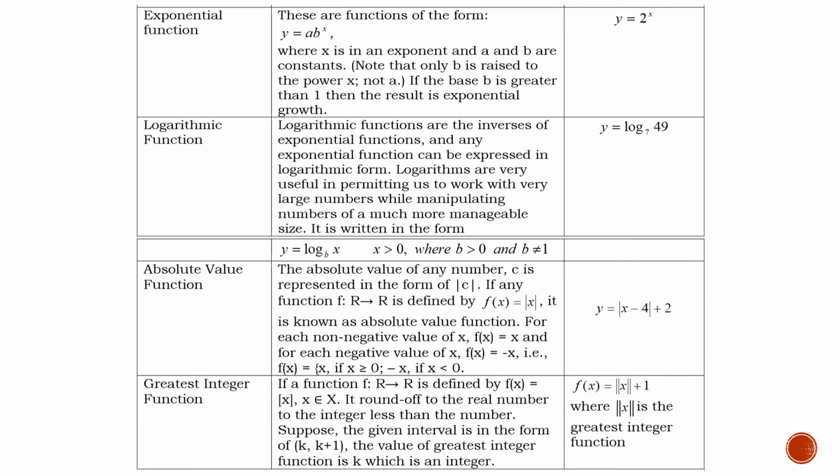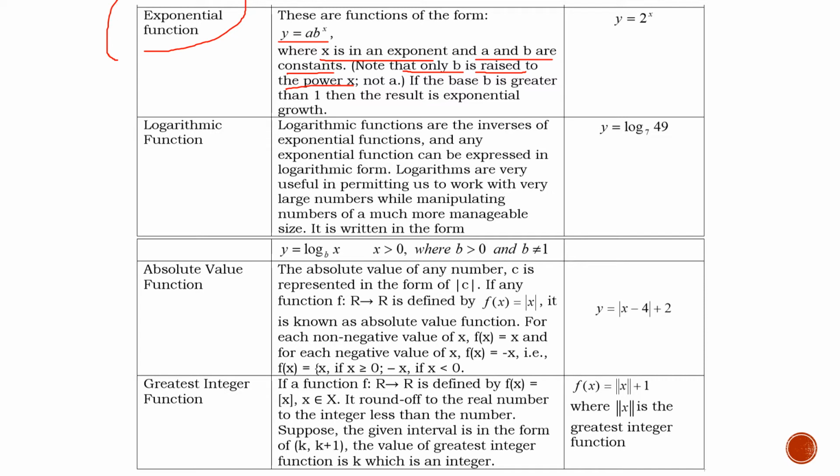So our next type of function is your exponential function. These are functions of the form y is equal to ab raised to x, where x is an exponent and a and b are constants, meaning to say that your a and b are numbers. Note that only b is raised to the power x. So the exponent x will be the exponent of your b in the given function, not of both a and b.